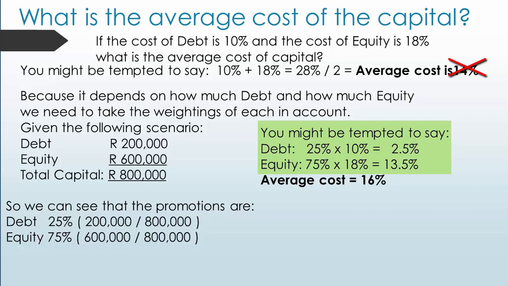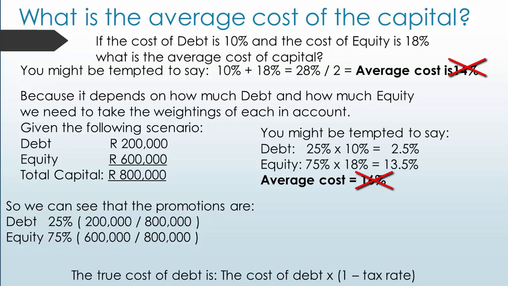But this too is wrong. And now you're thinking, like, what else do I need to add to this? What else do you think that we haven't taken into account? And what we haven't taken into account is the tax.